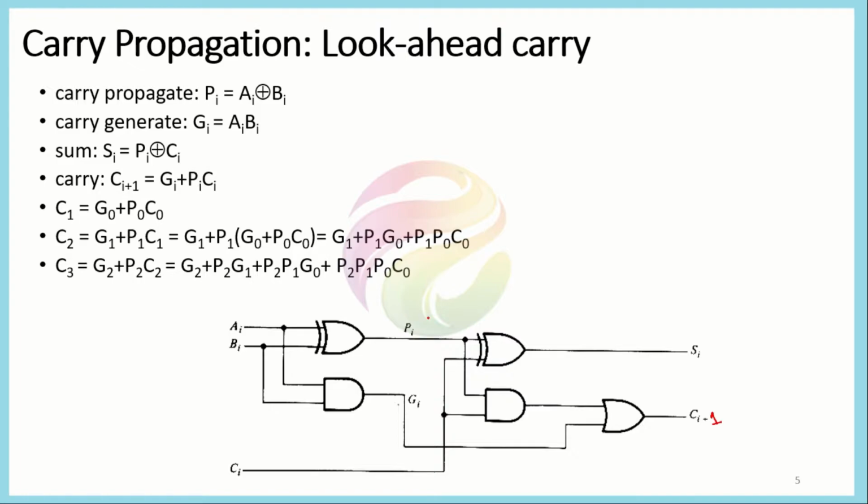The first is called Pi, and the second is known as Gi. The Pi term is called the carry propagate term, and the Gi term is known as the carry generate term, because this will determine whether our carry will be propagated to the next adder or not.